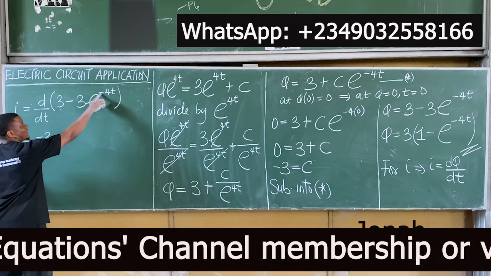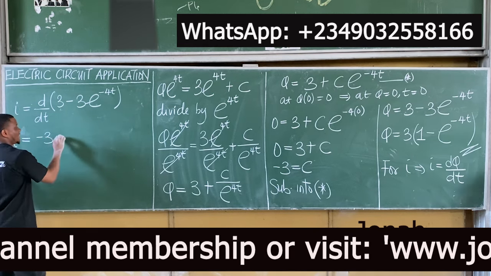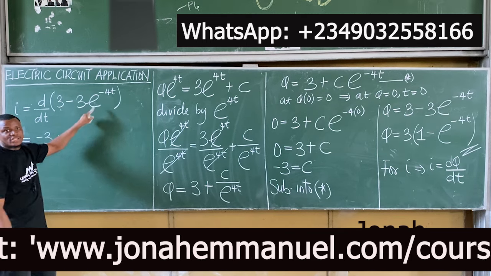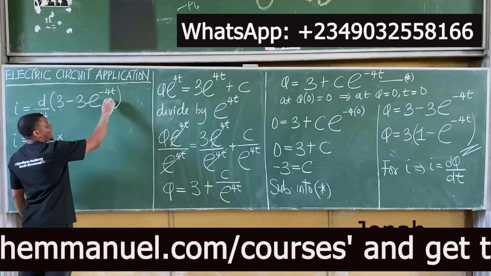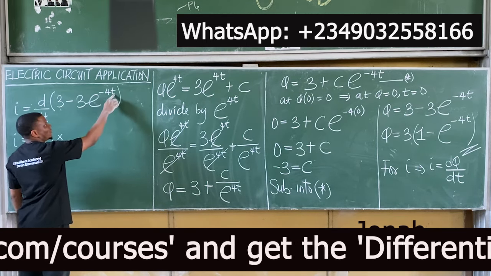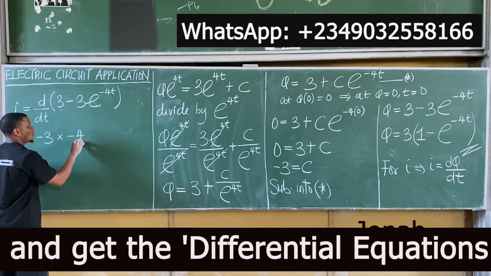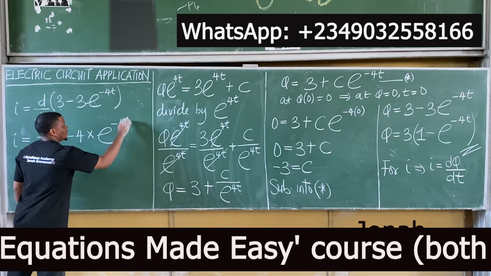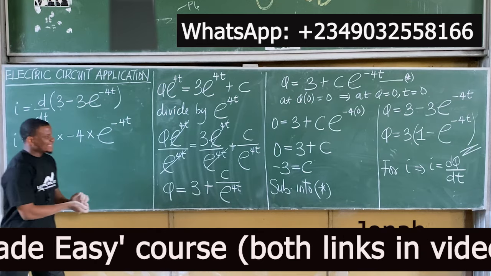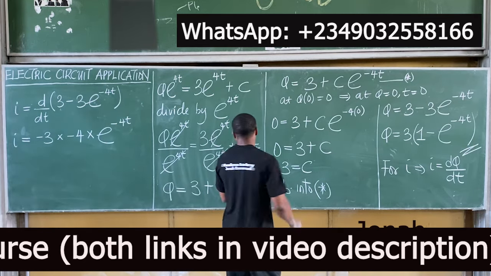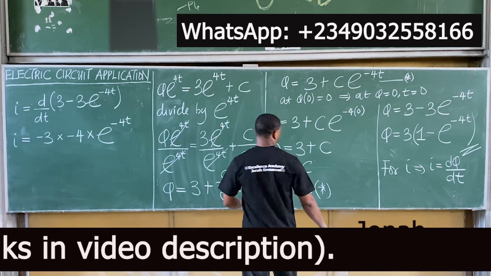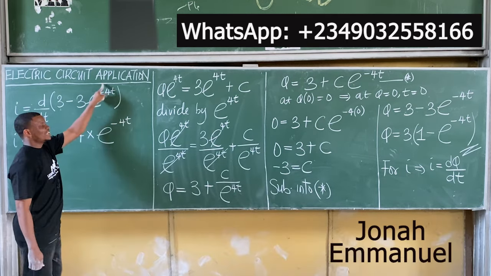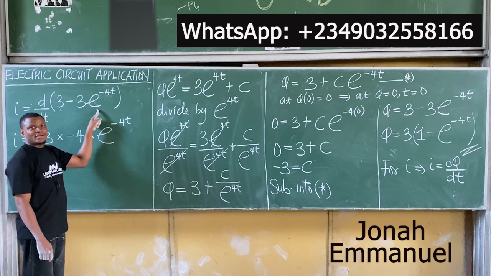Differentiate exponential minus 4t. To differentiate an exponential function, you differentiate the power. If I differentiate minus 4t, I get minus 4. Use it to multiply what you have there. That's how you differentiate. If you want to integrate this, you differentiate the power and divide.